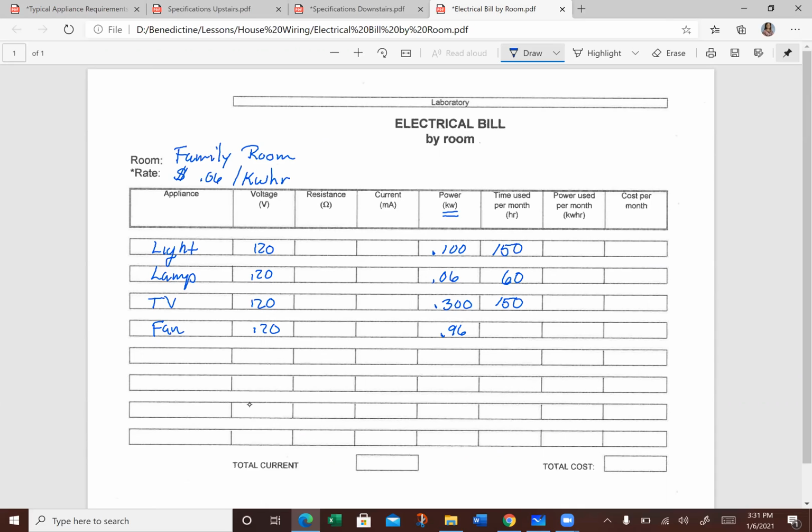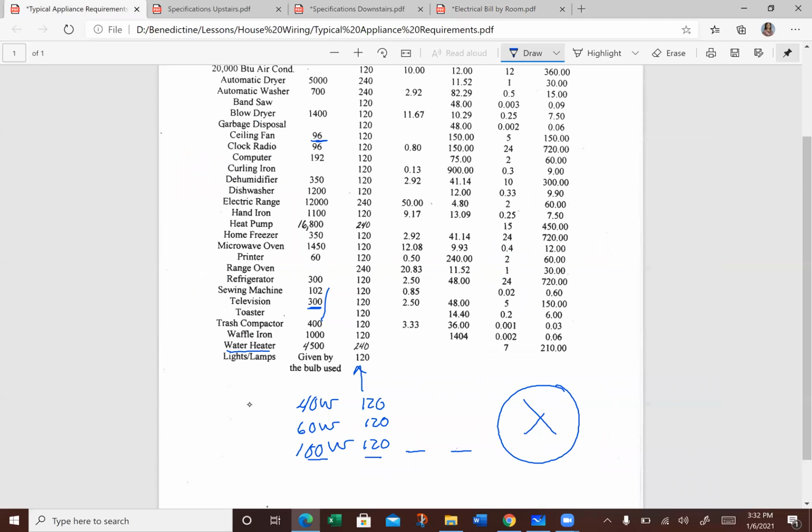The fan, I know I personally run my fans all day long. So if I go back here to a ceiling fan, it has it on here as only 5 hours a day as well. I'm going to put that up a little bit higher, because I want you to answer this according to what you think you might live if you think that's off. I run mine all day, almost 24 hours a day.